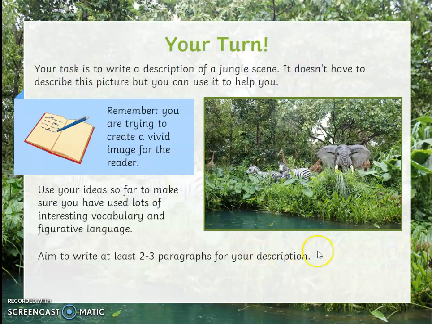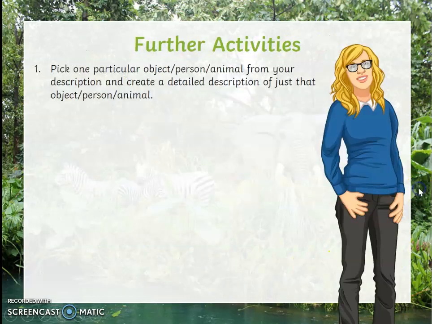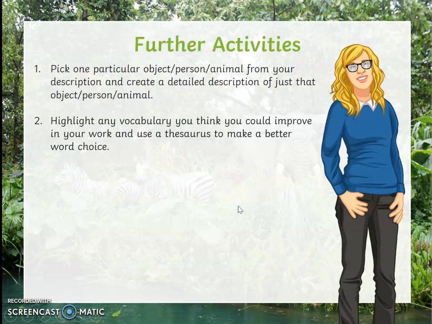And please feel free. This is your checklist. Try to use interesting adjectives, powerful verbs, carefully select adverbs, similes, metaphors, alliteration, personification. Okay. Once you're done with this activity, you can pick one particular object, person, or animal from your description, and create a detailed description of just that object, person, or animal.